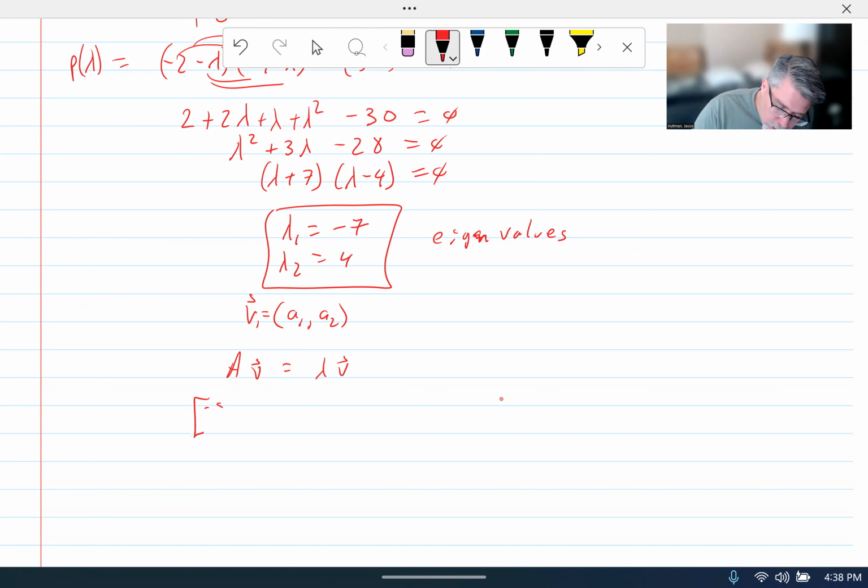A was my matrix, -2, 5, 6, -1, times A1, A2 is equal to lambda times A1, A2.